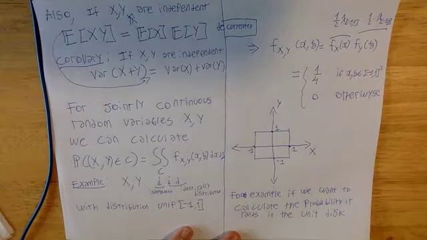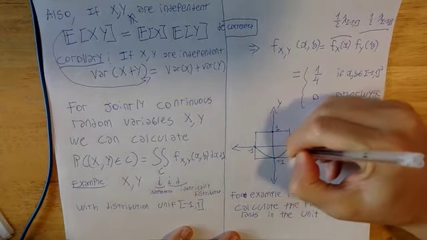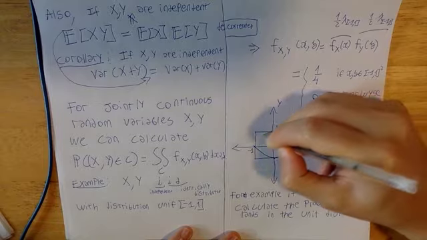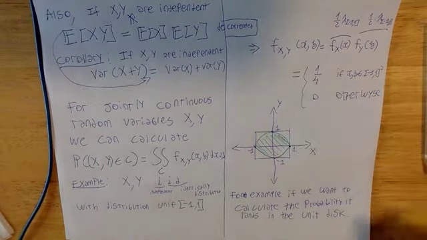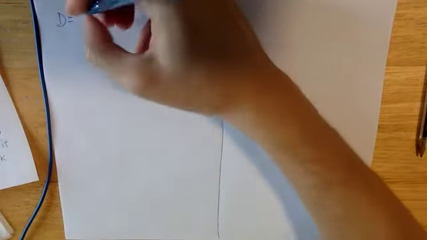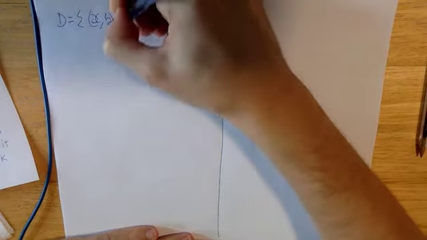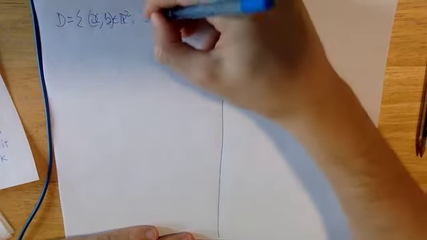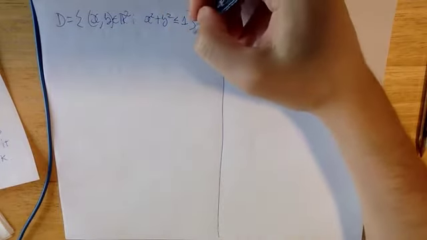Okay, so here the unit disk would be this thing here. The unit disk is equal to all the x comma y in R2 such that x squared plus y squared is less or equal than 1.